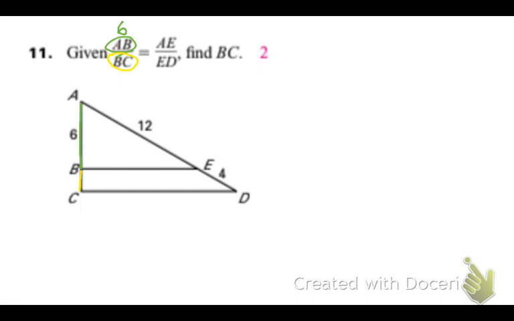BC is this little piece right here, and it looks like that is unknown. There's no number associated with that. Okay, let's look at AE. So AE is equal to 12.